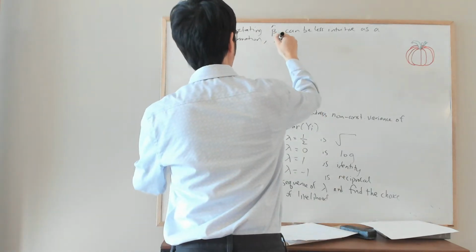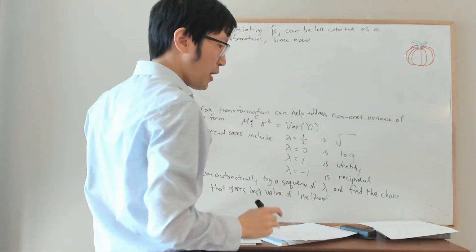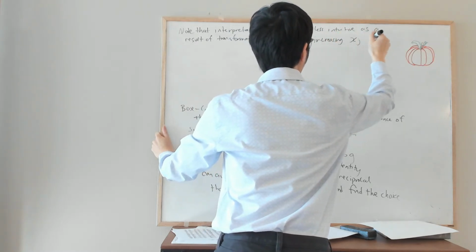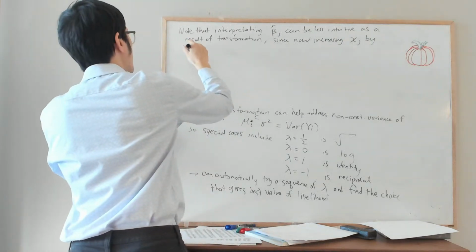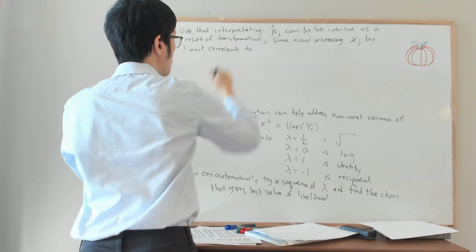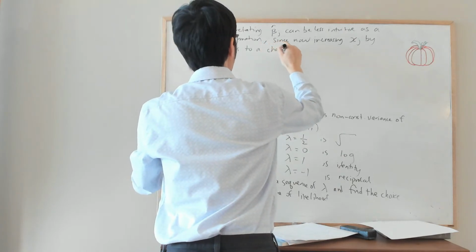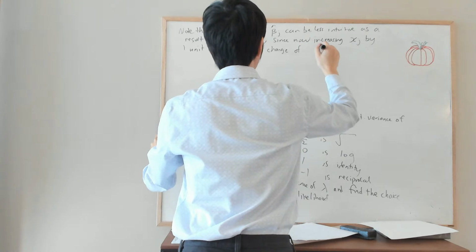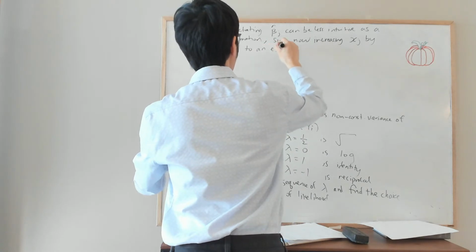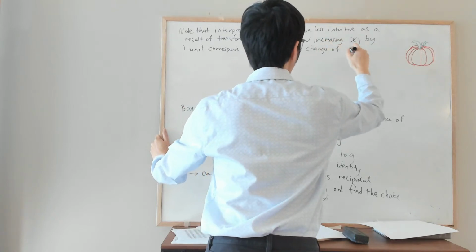Okay, so why is that? Well, if we look at beta hat j, for instance, now increasing the corresponding xj by 1 unit corresponds to an estimated change of beta hat j.